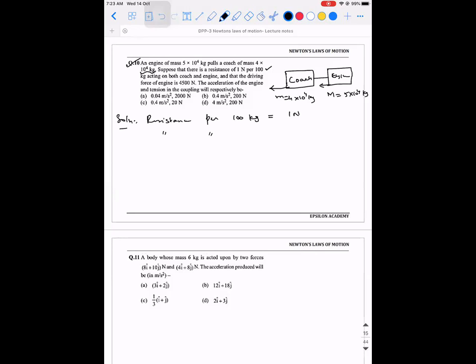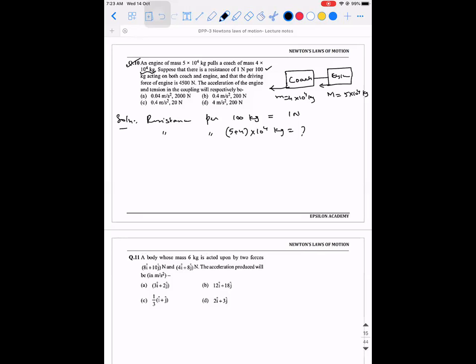There are two particles in the system. 5 plus 4 into 10 power 4 kilogram will be how much? How much will it be?